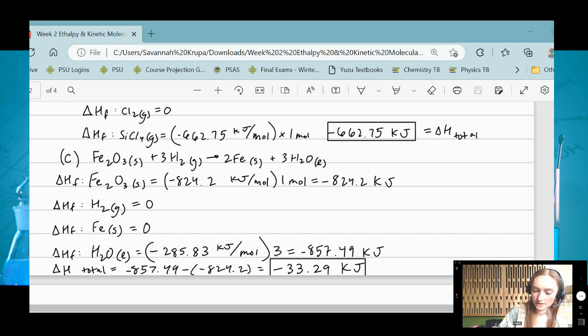So just as we did, let's write the delta HFs for all of these. We have the lithium hydroxide, solid, we have the CO2 gas, we have Li2CO3 solid.